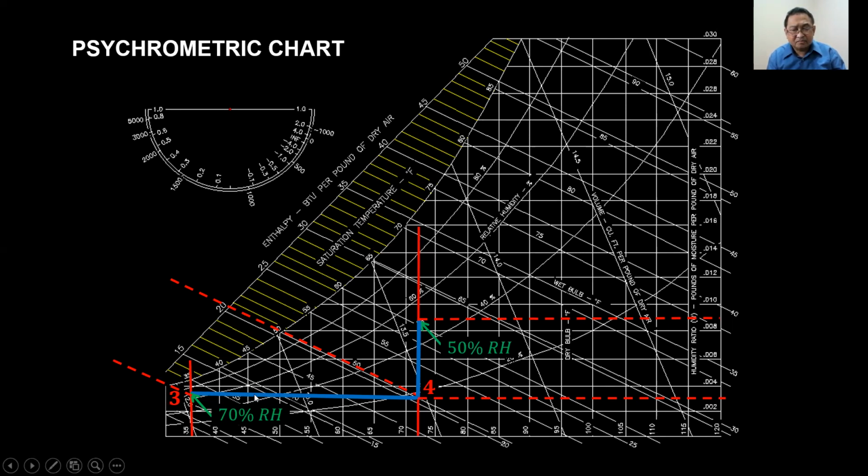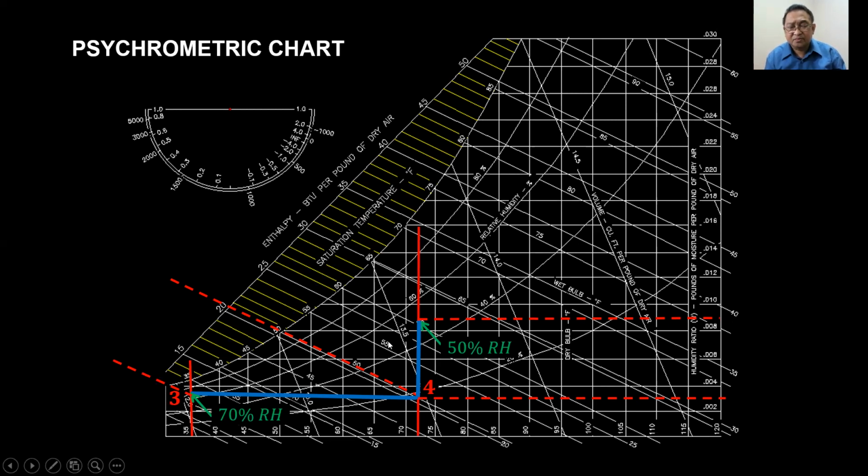So the resulting RH here will be very low. It's in fact less than 20%. So it is not comfortable because the air is too dry. The moisture is only 0.003 pounds of moisture per pound of dry air.